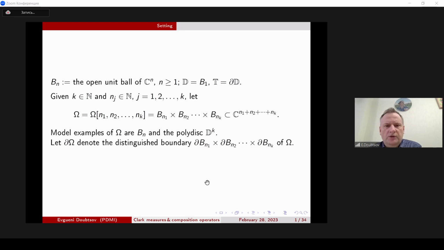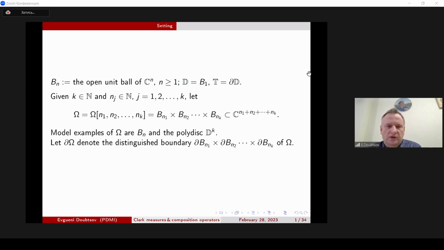So the main point is to cover two basic cases. The first one is just the unit ball Bn, and the second is the polydisk Dk in this notation. What is important is that there is a difference between the unit ball and the polydisk.